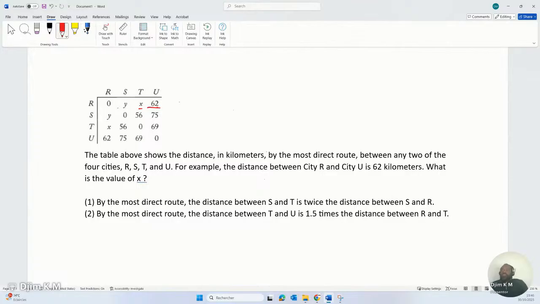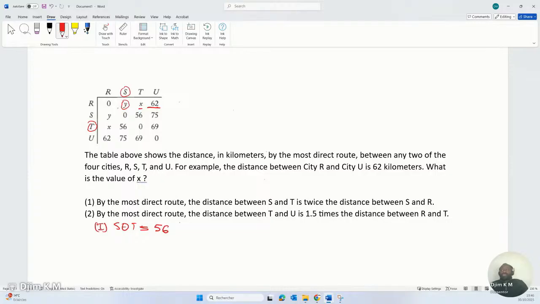So it says, by the most direct route, the distance between S and T is twice the distance between S and R. Okay, so S and R. The distance between S and T, we can say, is equal to 56.